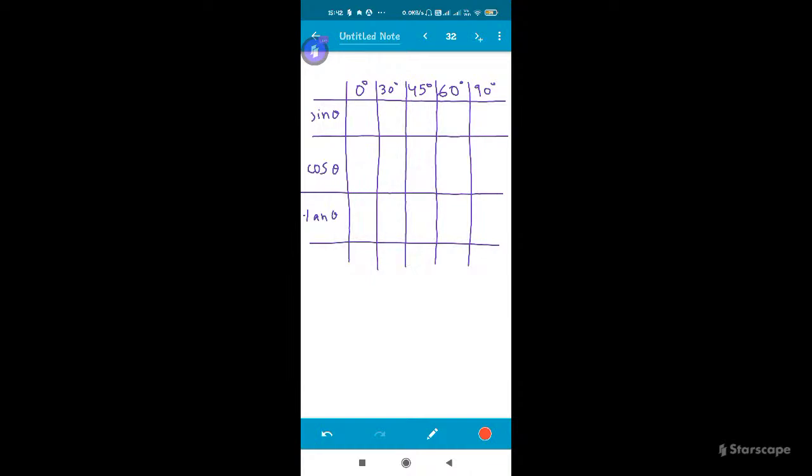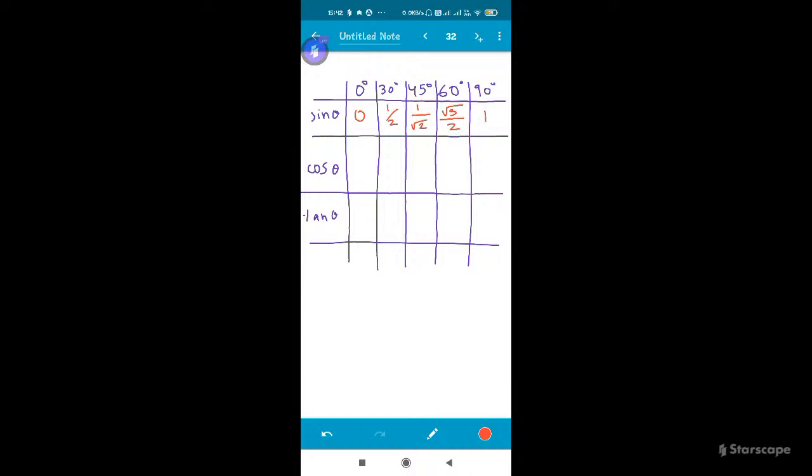Sine 0 degree is 0, sine 30 degree is half, sine 45 degree is 1 by root 2, sine 60 degree is root 3 by 2, and sine 90 degree is 1.